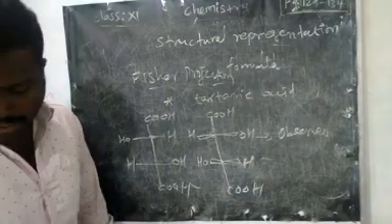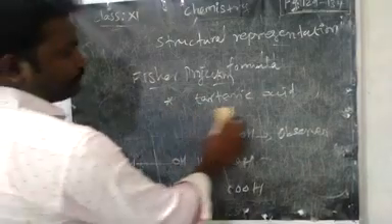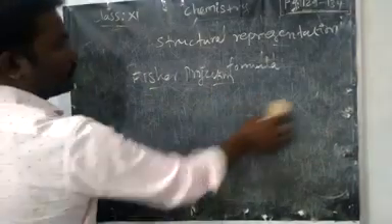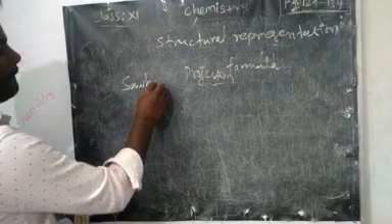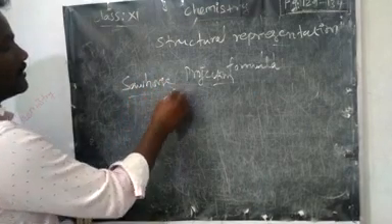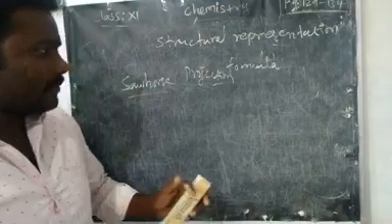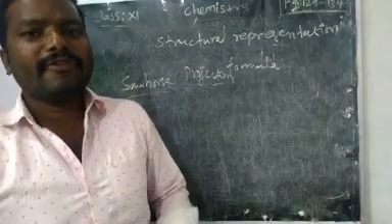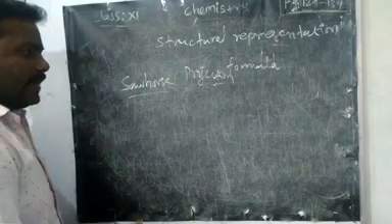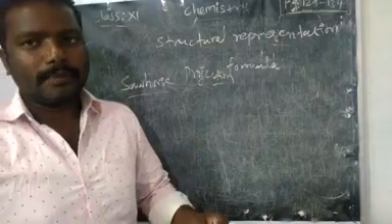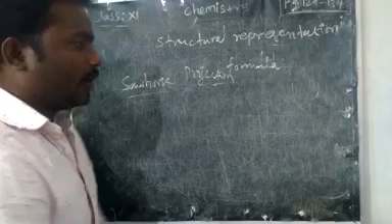Next, Sawhorse projection formula. The Sawhorse projection formula is just a modification of the Fischer projection formula. Here also we take the bond between the carbons diagonally.